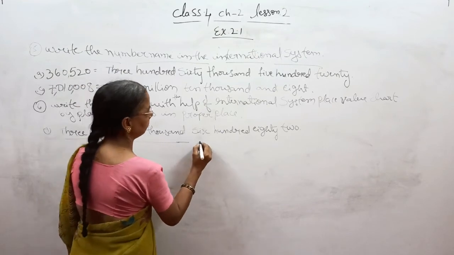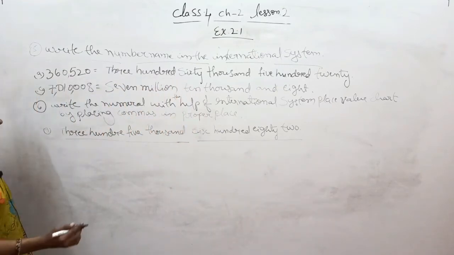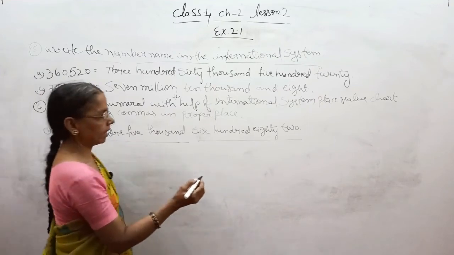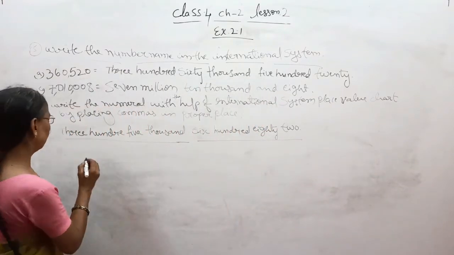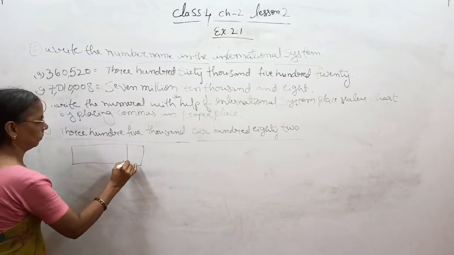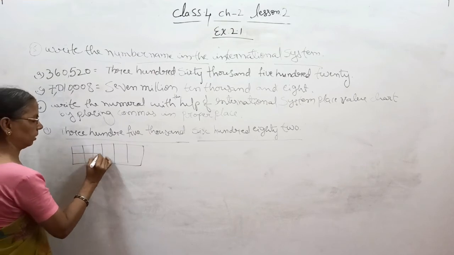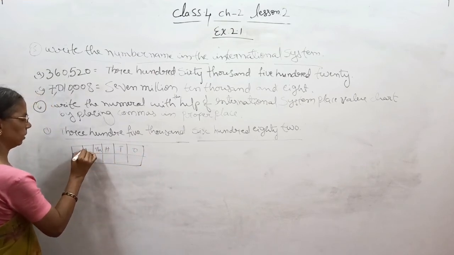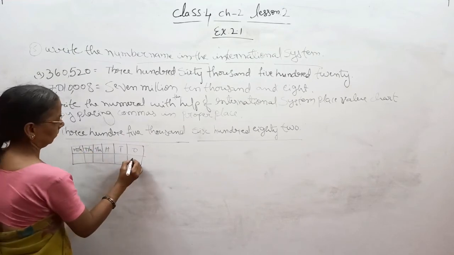This is the first group and this is the second group. 305 we have to write as ones, tens, hundreds, 1,000, 10,000, 100,000.